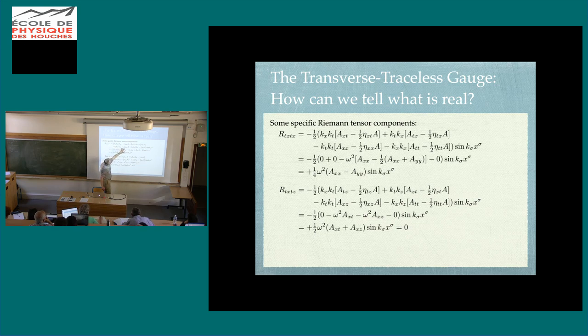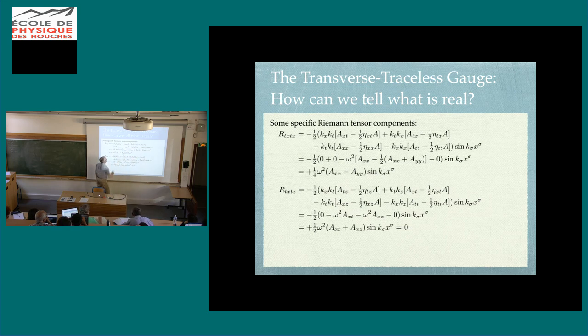And a_xx minus eta sub xx, which is 1. So I subtract off the trace, which is just a_xx plus a_yy. And then these are 0. So the only term that matters is this one. And like I say, eta sub xx is 1. So I'm just subtracting off this.